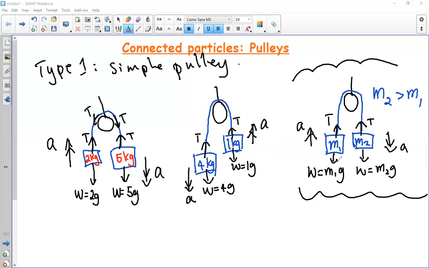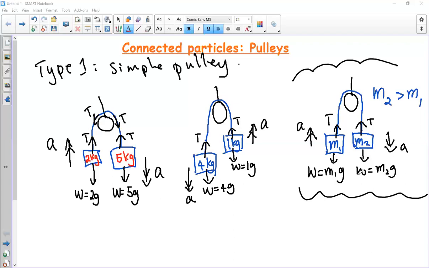Now, imagine the string is long enough, so when I let both the boxes go, M2 is heavier, so it will start to go down towards the ground. After some time, this box M2 must hit the ground. M1 will be pulled upward to a certain point, but until the point when M2 reaches the ground, M1 will have the same acceleration as M2, so the same magnitude.